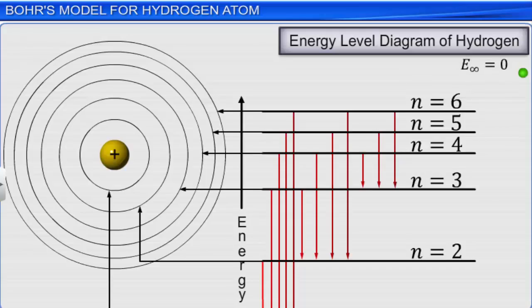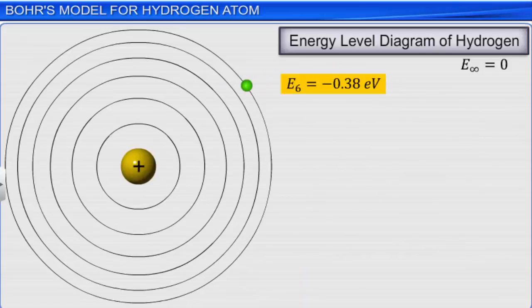In other words, the hydrogen atom is said to be ionized. An electron emits energy as it approaches towards the nucleus, and hence its energy decreases with decrease in distance between it and the nucleus. This principle accounts for the negative sign of energies of electrons in various orbits.